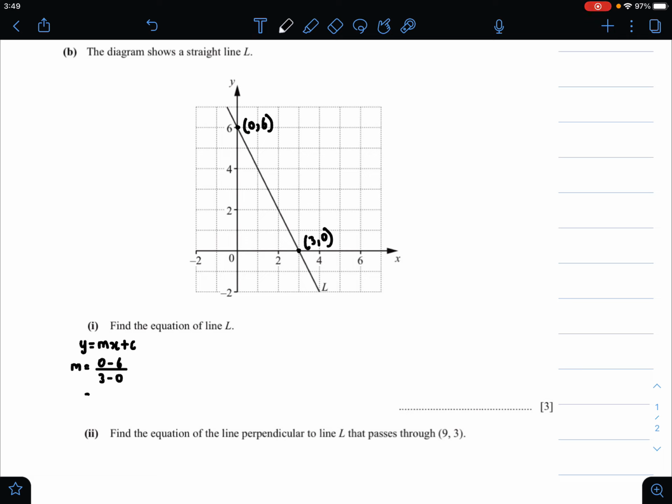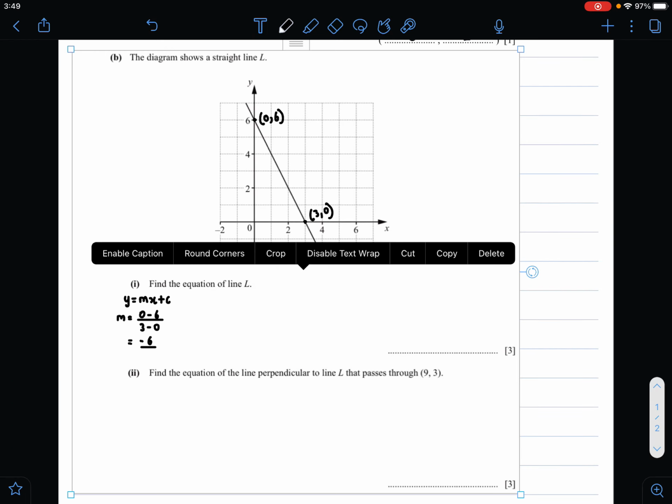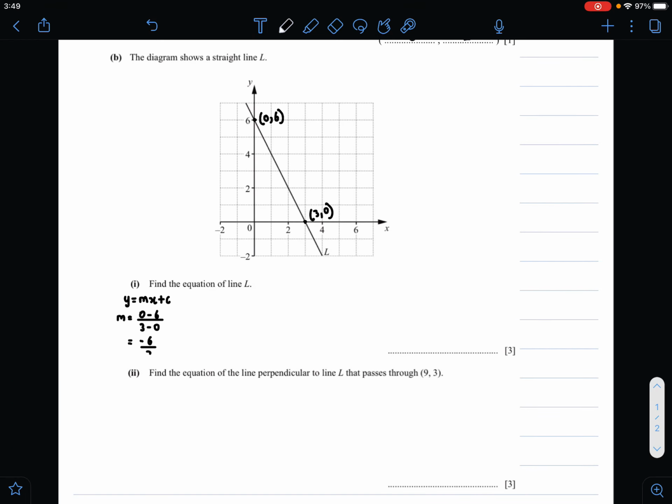So therefore your m value would be negative 6 by 3, which is equal to negative 2. So therefore you can write it in your equation: y is equal to negative 2x plus c.